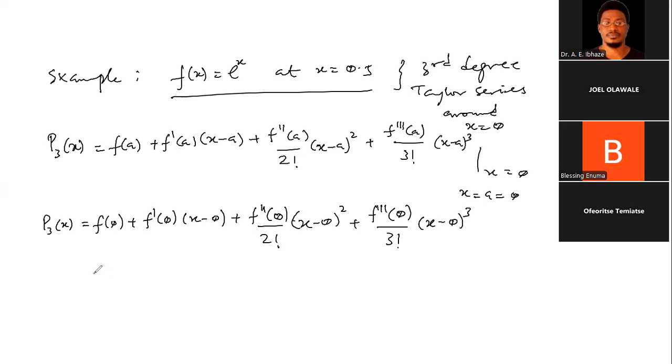So this is going to give us f of 0 plus the first derivative at 0 times x, plus the second derivative over 2 factorial times x squared, plus the third derivative term.